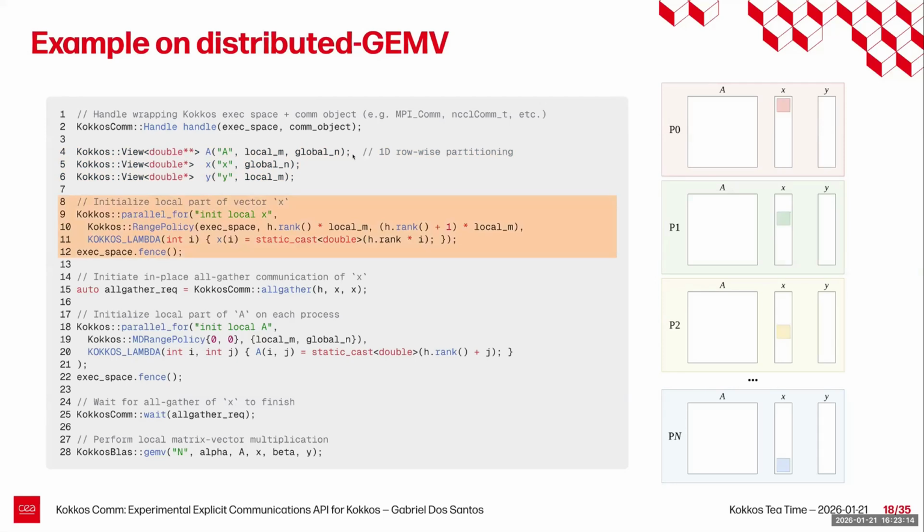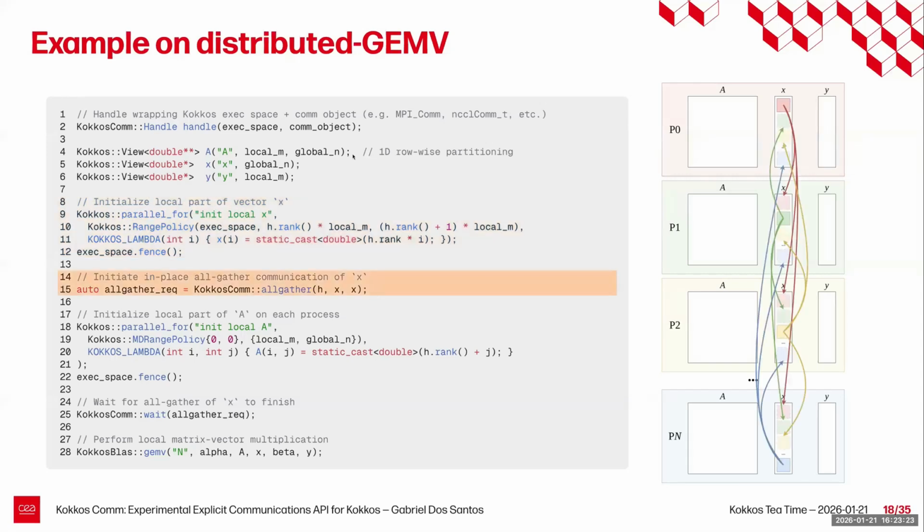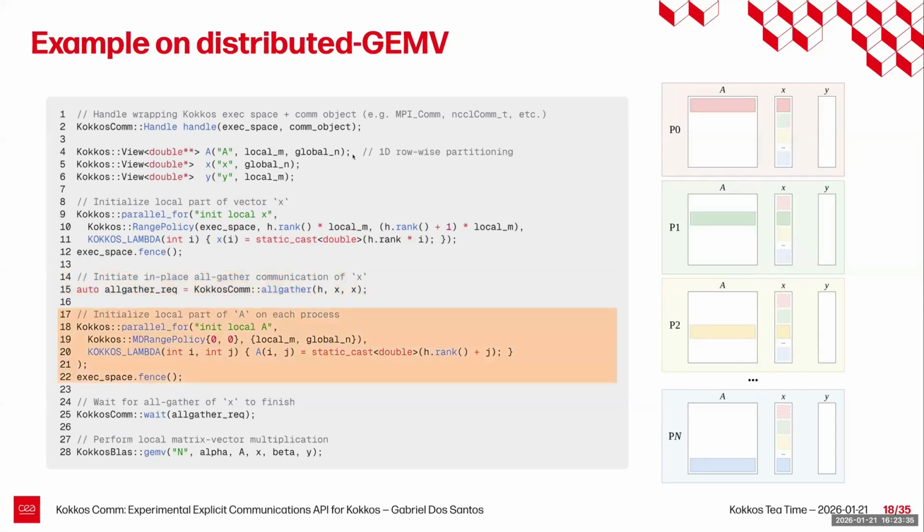So we'll start by initializing, each process initializes its local part of the X vector. Then we can initiate an all-gather communication of the X vector. These are the arrows describing the communication, what's happening. And at the same time, because the communication is non-blocking, we can also initialize the local part of A on each process.